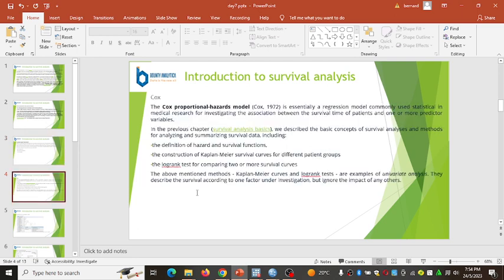So we are starting with the Cox model, the Cox proportional hazard model, which is essentially a regression model commonly used in medical research for investigating the association between the survival time of patients and one or more predictor variables.